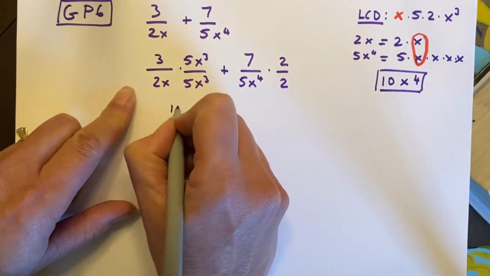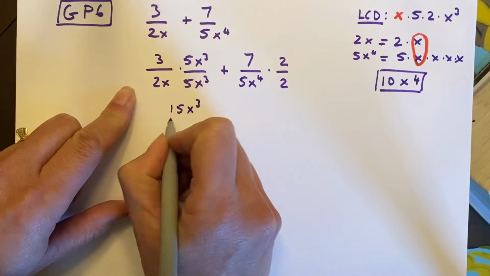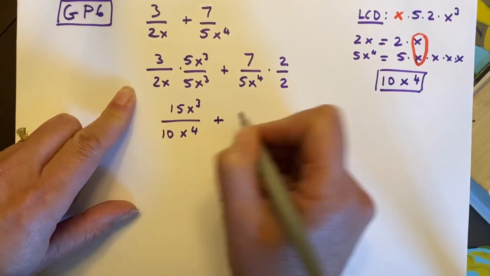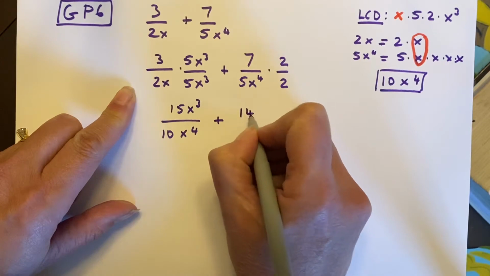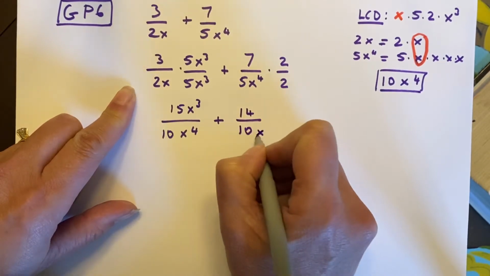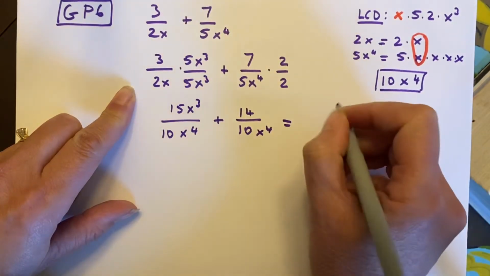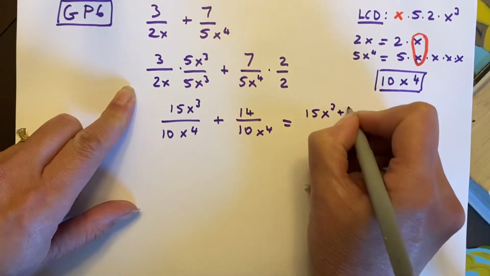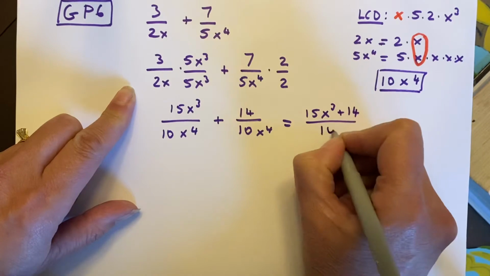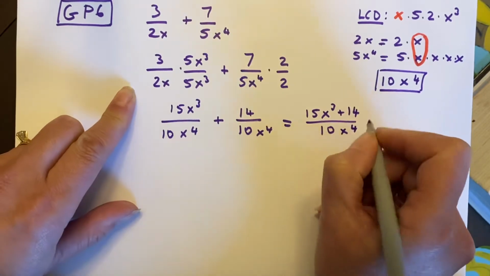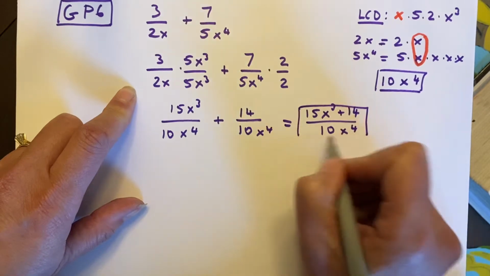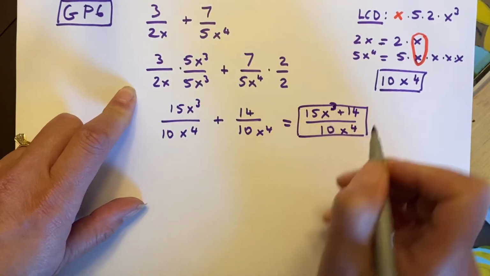So I end up with 15x cubed in the numerator, 10x to the 4th in the denominator, and over here 14 over 10x to the 4th. I can now add them together and get 15x cubed plus 14 over 10x to the 4th. And that's my answer. Lost my 3, but you still see that.